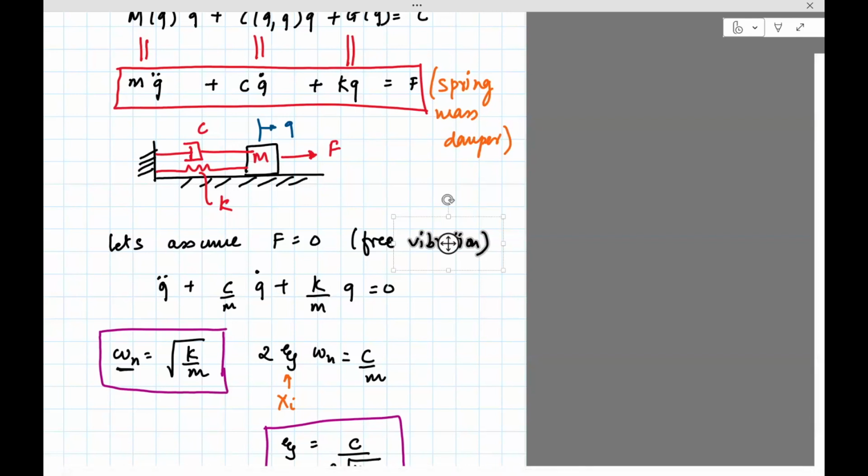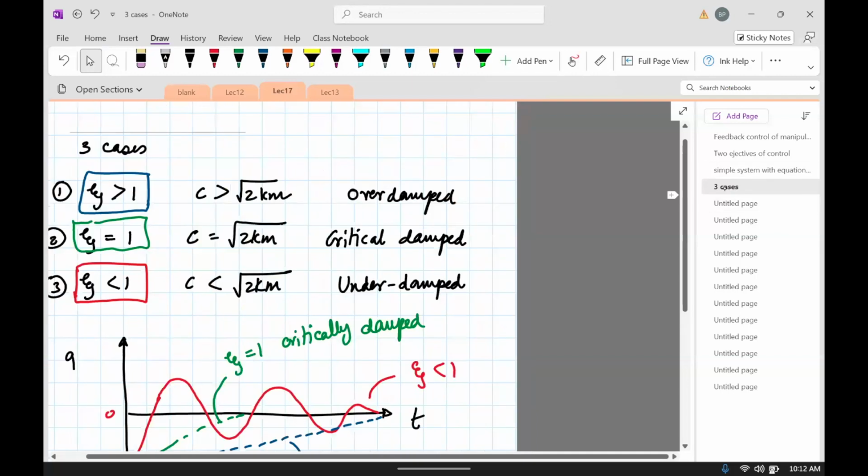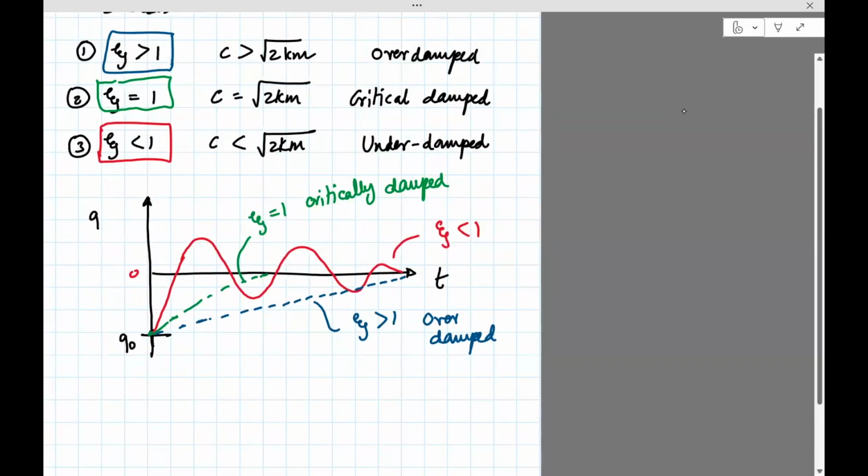And our goal is normally to get the system back to zero. So in this situation, you want to get to zero in the fastest possible time without shooting back and forth. So for a good control system, you really want it to be critically damped. You want it to go to zero as fast as possible and not show this overshoot like is shown in the underdamped system.